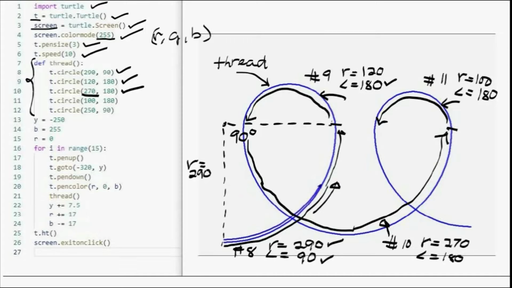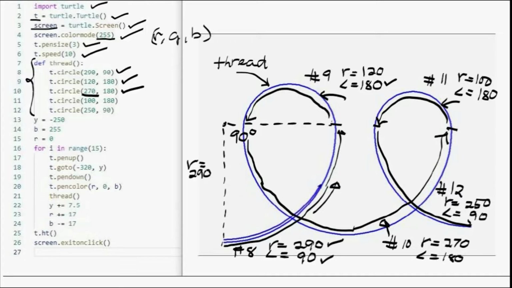And then finally, we have this arc here. This is no longer a semicircle. From line number 12 here, the radius is 250, and the angle over which the arc is generated is just 90 degrees.